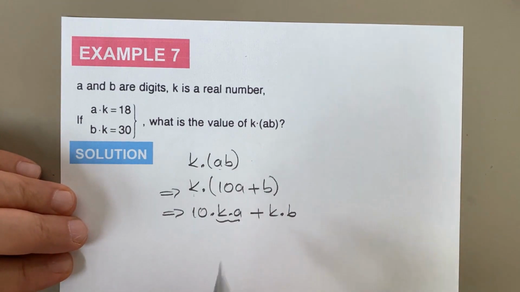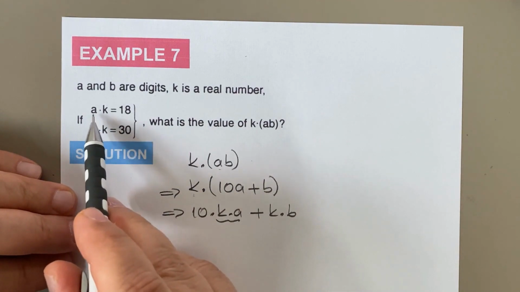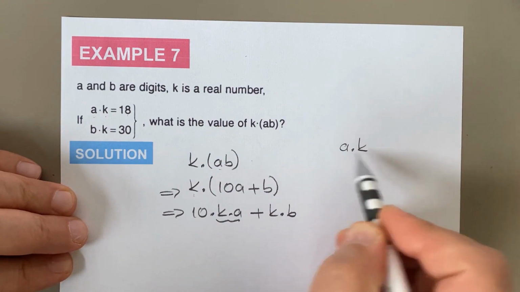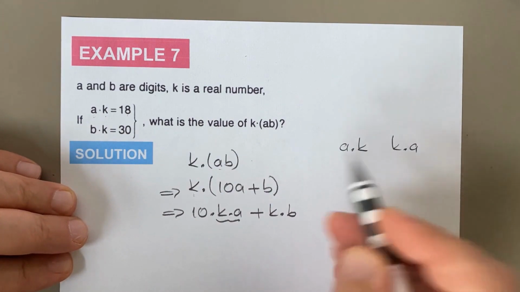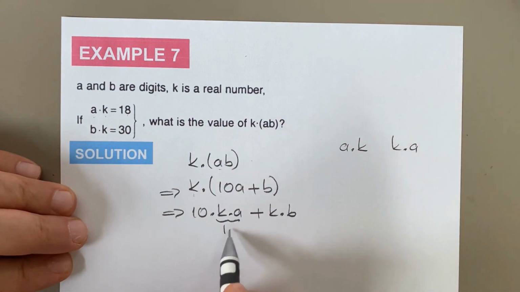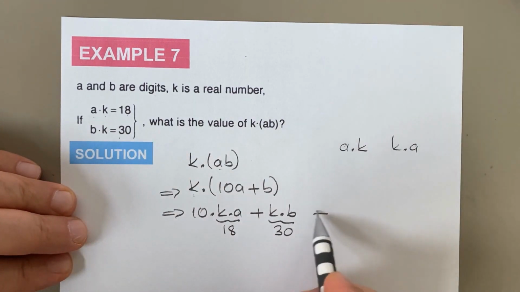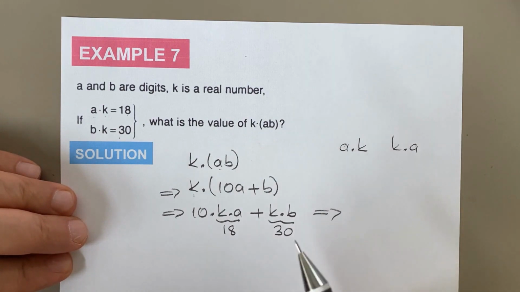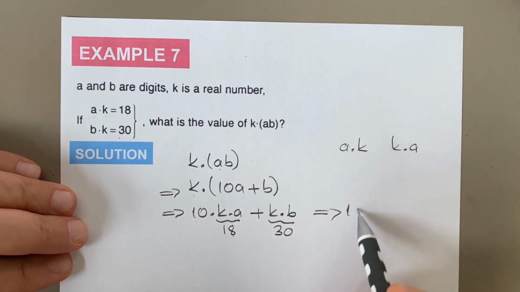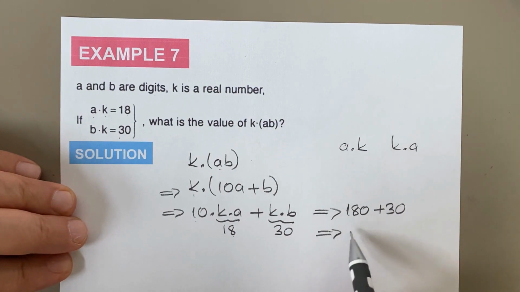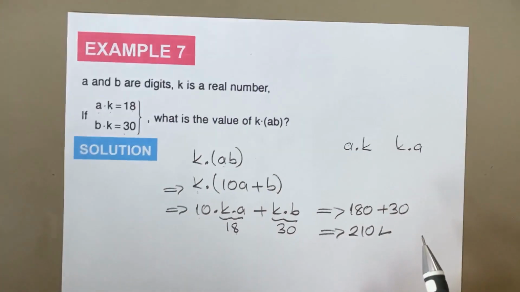Has it given us this? It has given K times A, which is 18. I want you to know this: A times K is the same as K times A. Then I'm writing 18 here. This has also been given here as 30. After this, getting to the result is very easy. When I multiply 10 by 18, I get 180. From here, when I add 30, I find the result to be 210.